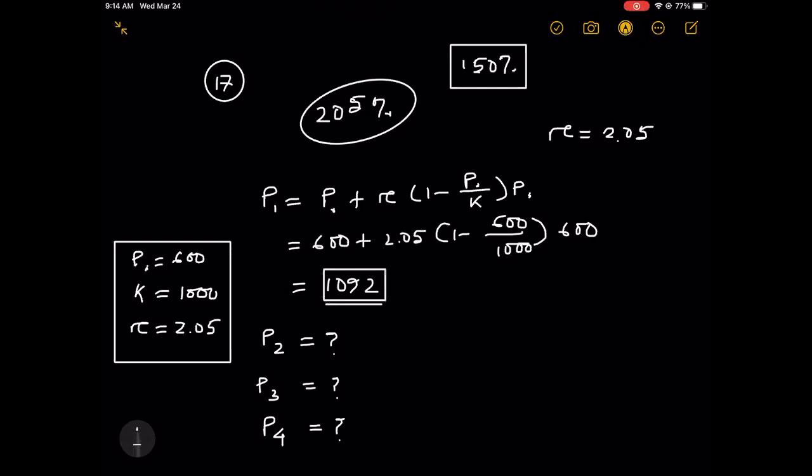What's P2 now? I already have one P2, which is 886. Let's just wait for others and cross-check it. 886 again, okay. Is there anyone who is struggling to get to this result, struggling to calculate it? Just let me know.